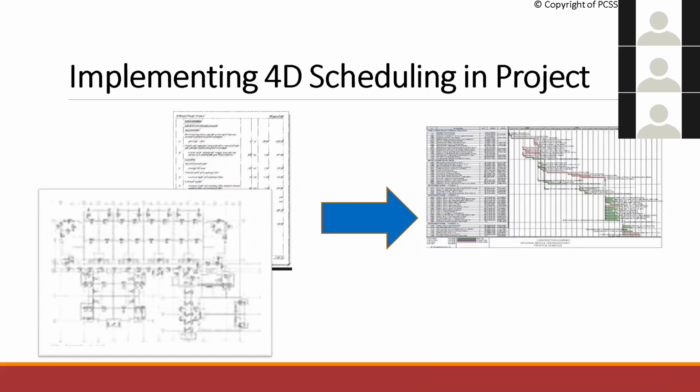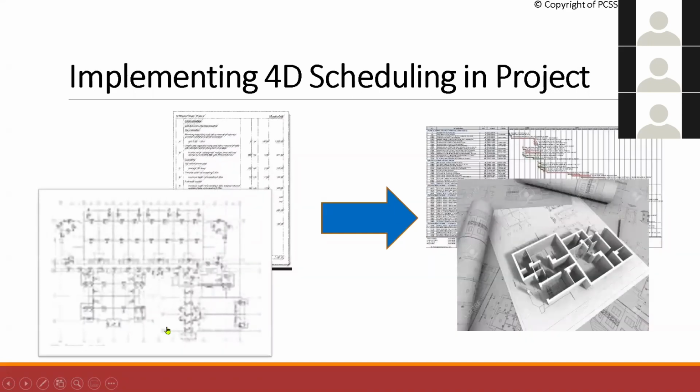But then how do we come up with the 3D model? We can use the design that we have to come up with the 3D model, with the use of BIM software like Revit to produce it. Let me demonstrate how it can be done in the following slides.